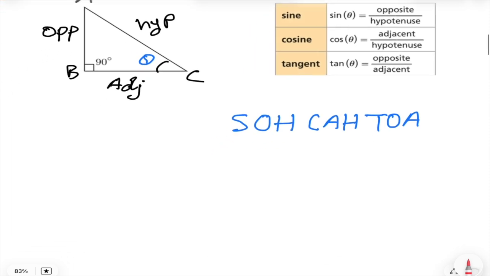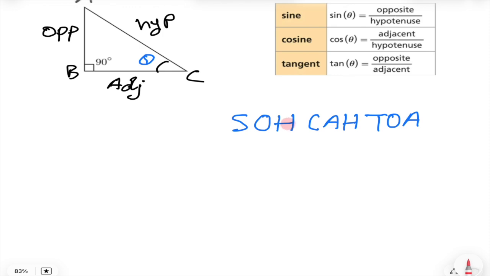And I have an interesting idea. Here is a line: SOHCAHTOA. To memorize these three rules, you could remember this line: SOHCAHTOA. S stands for sine, O stands for opposite, H stands for hypotenuse.